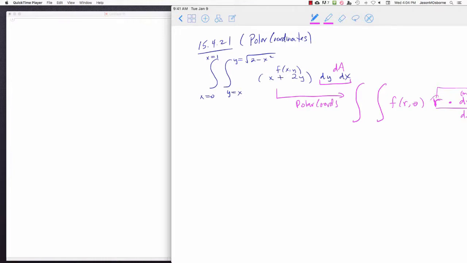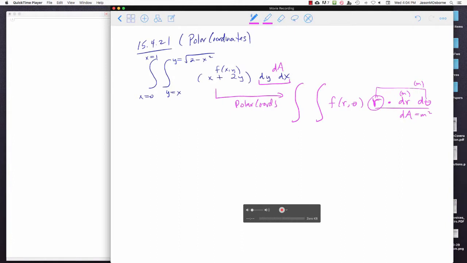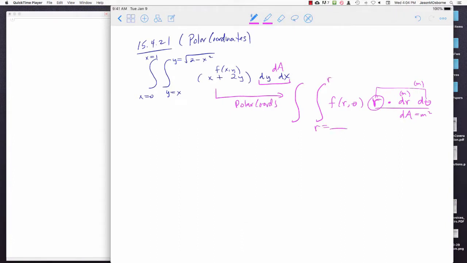So this r is a conversion factor to fix the units in the problem. Then we need to fill in the r limits and the theta limits. You can have numbers on the outer limit, and possibly some function of theta on the inner limits. So that's our goal, to fill in the blanks.